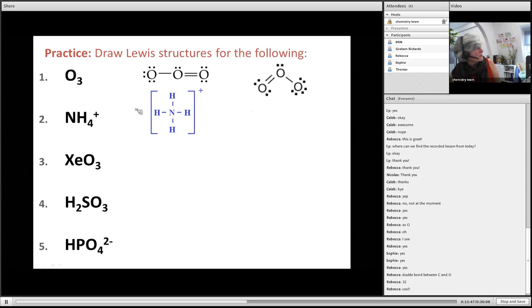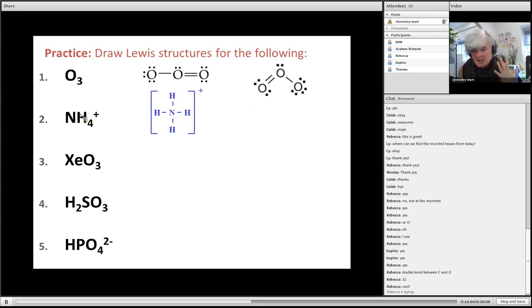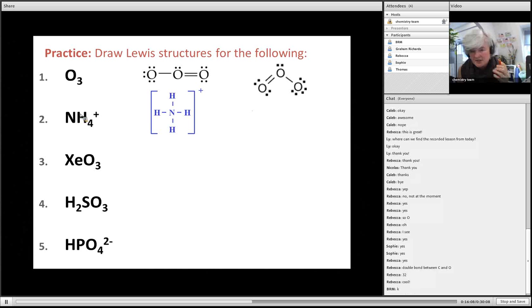If you think of nitrogen has got 5 valence electrons, each hydrogen has got 1, so I've got 9 valence electrons. What will that positive charge do? Do I add another valence electron and say I've got 10 electrons to play with, or do I subtract an electron and say I've got 8 electrons to play with?